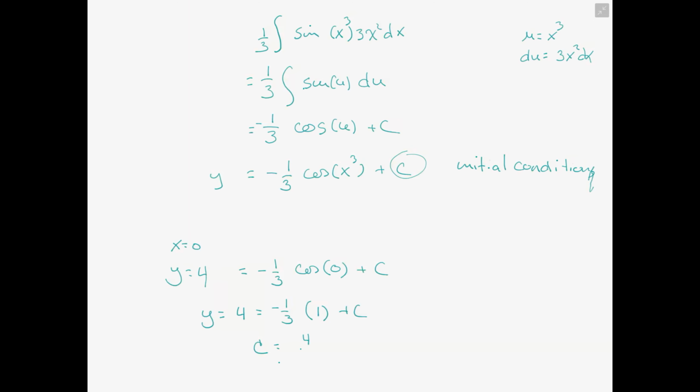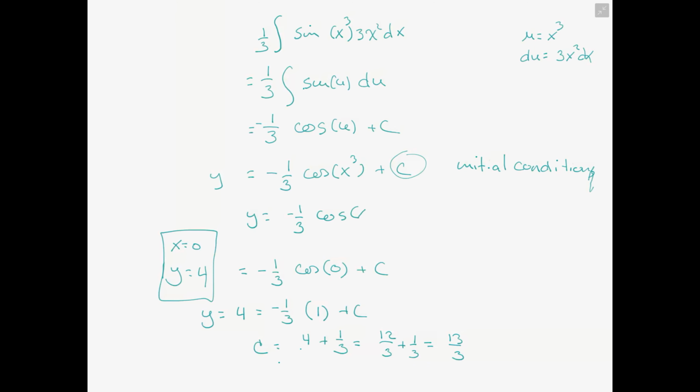So now we can solve for c. c equals 4 plus 1/3, and that's 12/3 plus 1/3, which is 13/3. That's what c is.